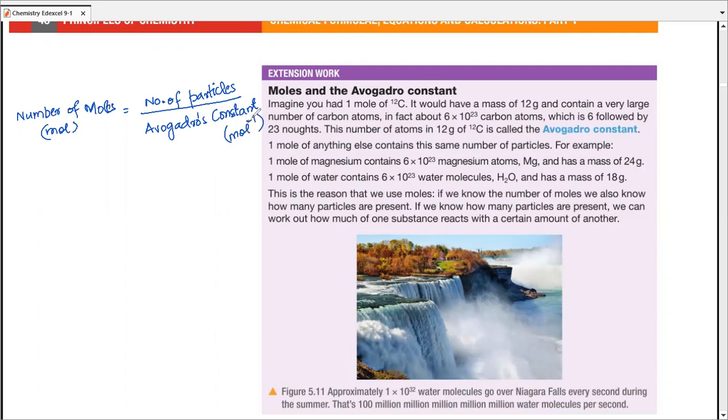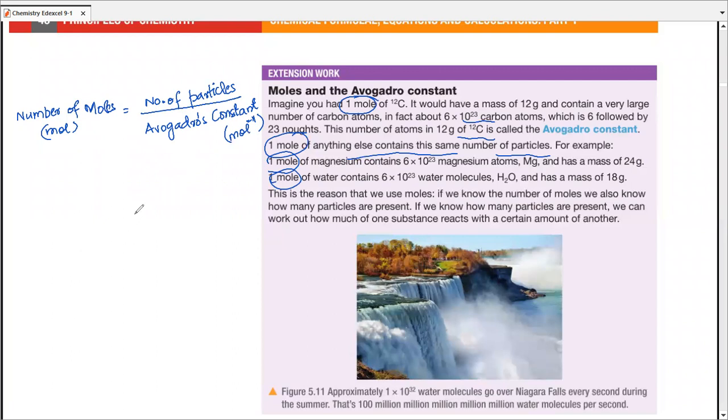Why? Because this constant has the very definition that this is the number of particles in 1 mole of a substance. They are very specific about it. One mole of anything consists of the same number of particles, right? So that's how this formula works. Shall we do a couple of questions about this formula to make sure that you understand this one in specific?